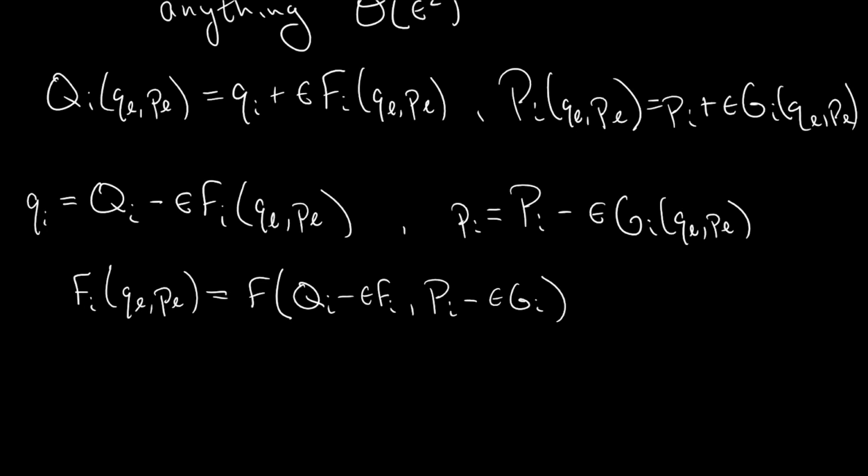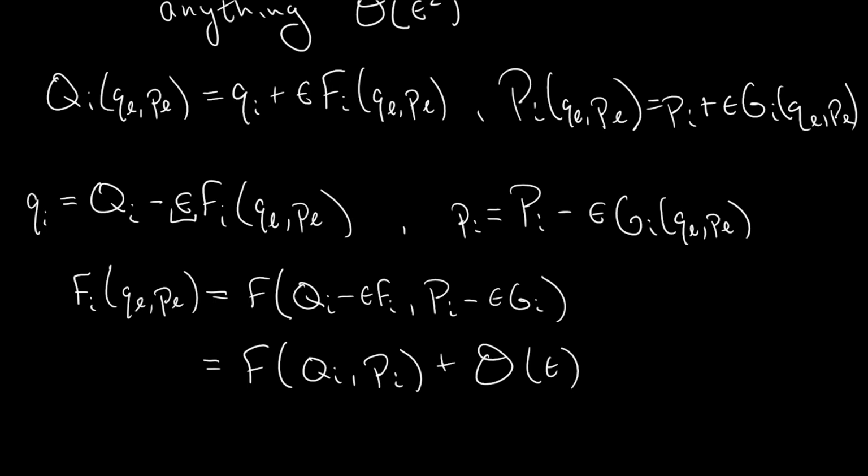Now, epsilon is very small, so I can expand this function, and I'll get something which looks like Q sub I, P sub I, plus order epsilon terms. I'm not going to care about the order epsilon terms, though, because this f is already multiplied by epsilon.